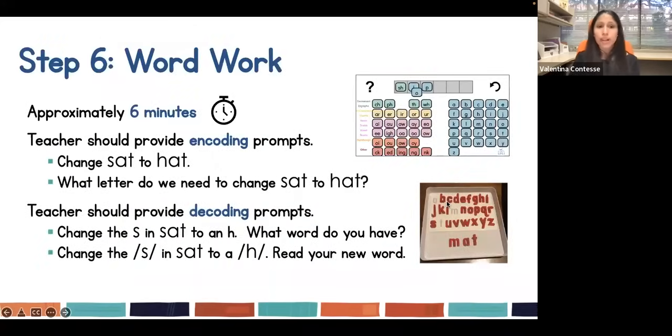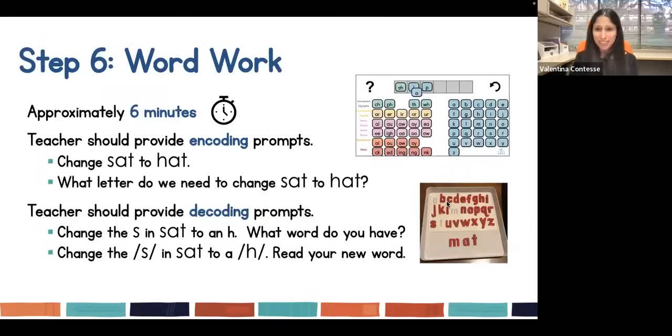So to review, step 6, word work should take approximately 6 minutes. Once students learn the routines of using the materials, it is really an efficient step where students can get a lot of practice in. The word chains usually include about 14 words.